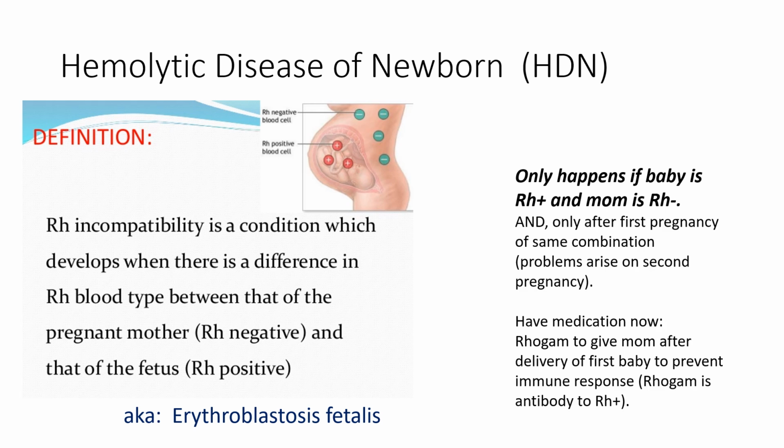The gentleman in Australia had anti-Rh antibodies. He was O negative, and he gave blood for years and years, and he is credited for saving over 2 million lives.